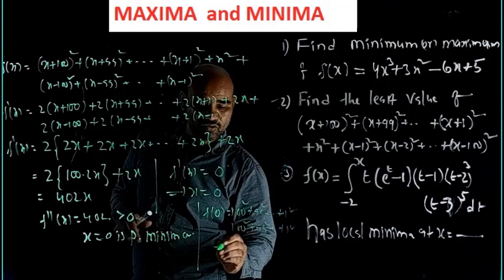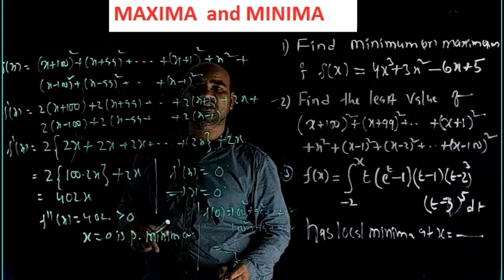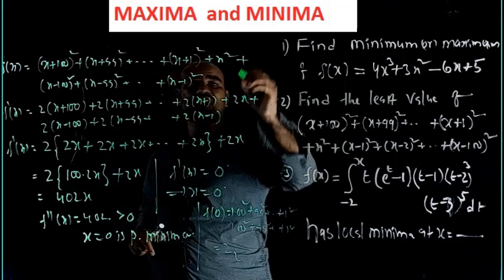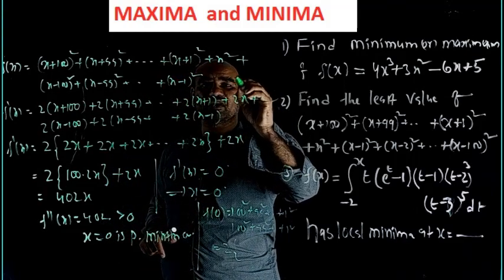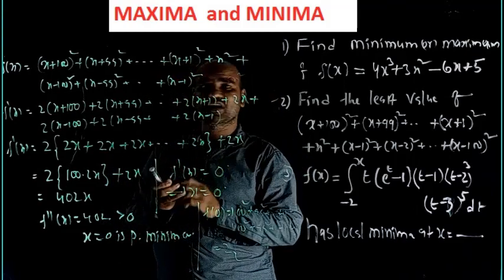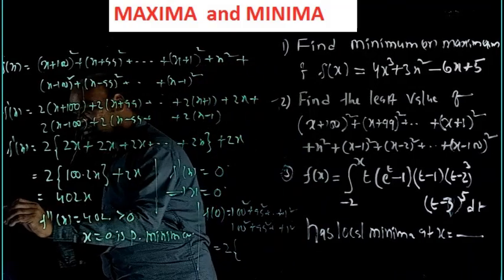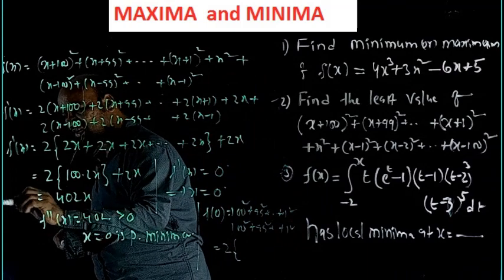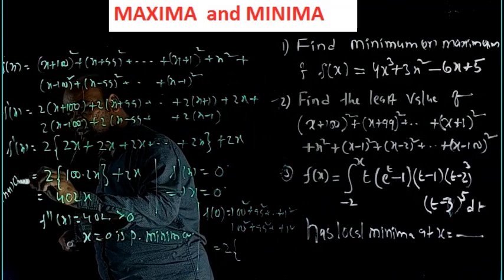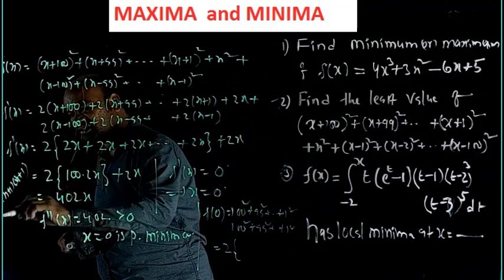So what happened? 2 times the sum of squares of the first 100 natural numbers. Already you know the formula for the sum of squares of the first n natural numbers: sigma n square equal to n into (n plus 1) into (2n plus 1) by 6.